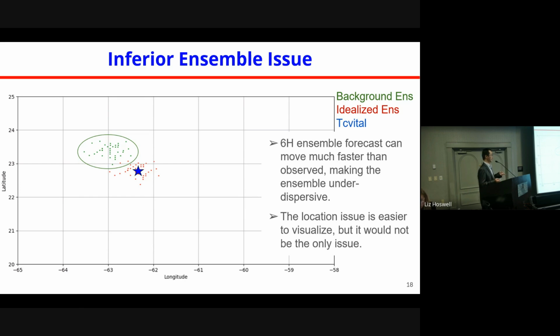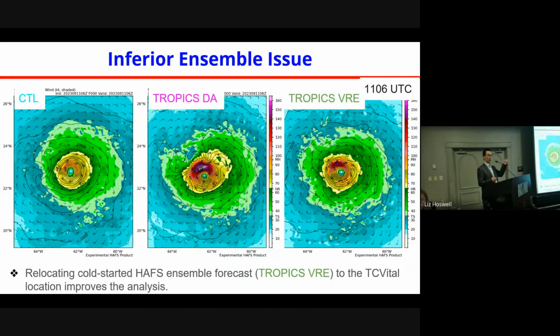If you click next, the right column here simply uses a 6-hour cold-started HAFS ensemble. After relocation, correcting those ensemble location issues, you clearly have a much better analysis with much smoother wind and pressure fields. Of course, there's still room to improve because we are using very preliminary screening and QC techniques for the tropics data assimilation.